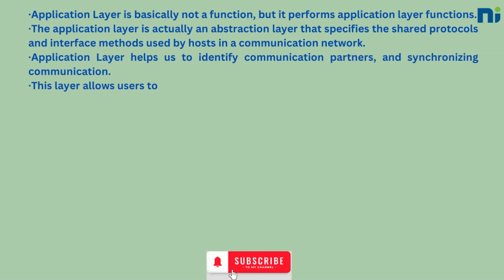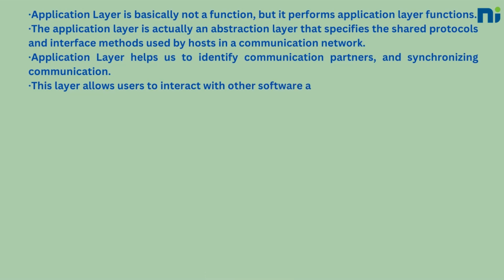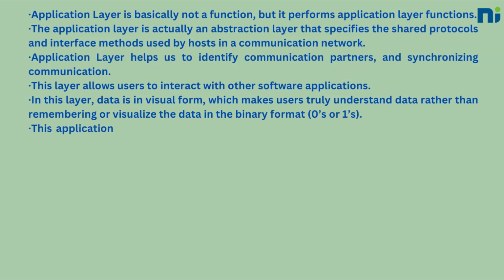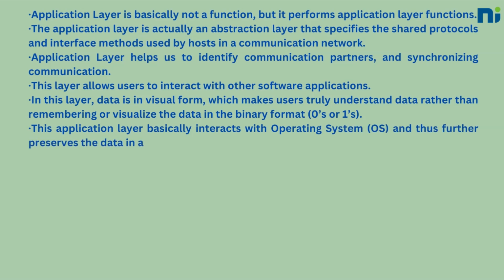This layer allows users to interact with other software applications. In this layer, data is in visual form, which makes users truly understand data rather than remembering or visualizing the data in binary format, 0s or 1s. This application layer basically interacts with the operating system, OS, and thus further preserves the data in a suitable manner.